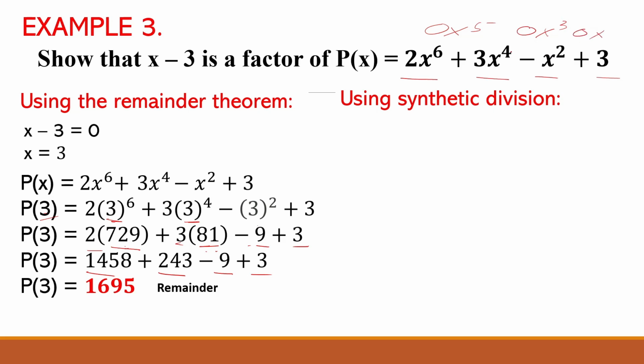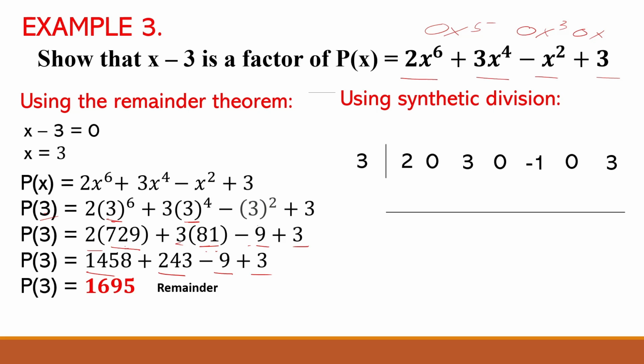So yan yung mga nawawalang term. So you have now 2, 0, 3, 0, negative 1, 0, and then positive 3. Then you divide it by the synthetic divisor, which is positive 3.